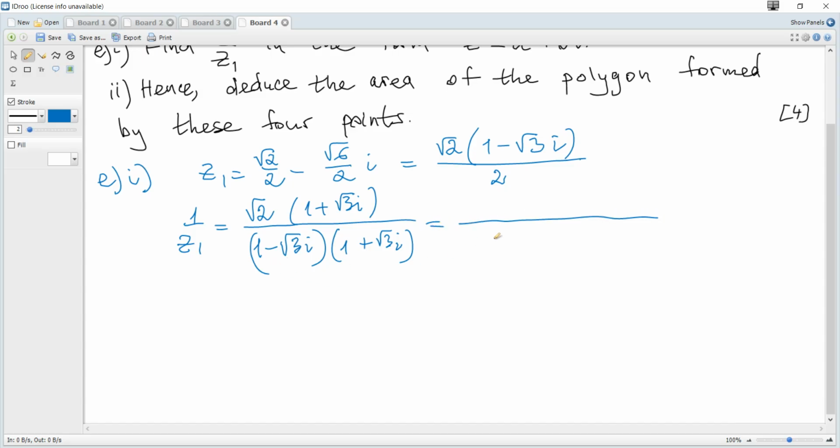So it's 1 squared minus root 3i squared. It's i squared, it's negative 1, so it's 1 plus 3, so it's 4. And in the numerator it becomes root 2 plus root 6i, and it becomes root 2 over 4 plus root 6 over 4i.